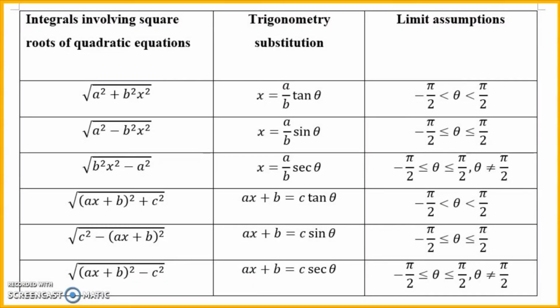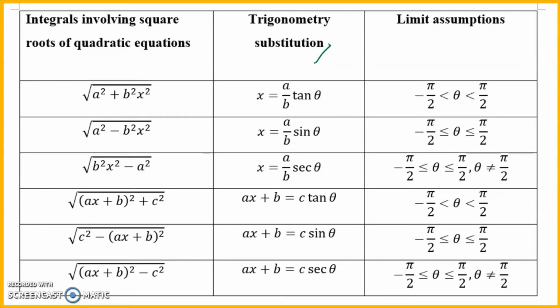There are some integrals involving square roots of quadratic equations that may not be possible to solve by the simple substitution techniques we discussed in the previous video. So in this case, we may use trigonometric substitutions to get rid of such problems.